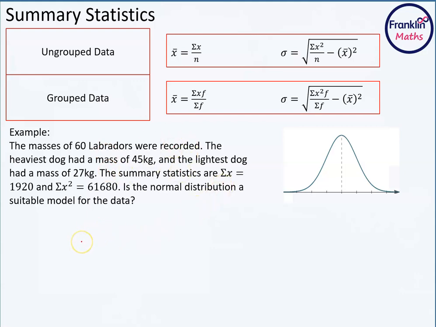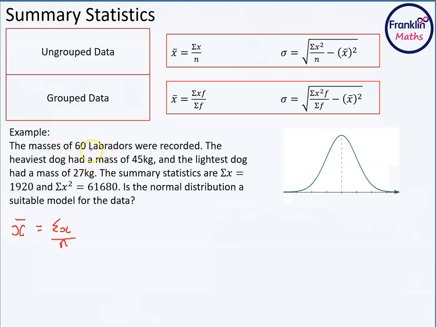So first thing we're going to try and find is the mean. So we know that x bar is equal to sigma x over n. Now hopefully you spot that this isn't grouped data here.